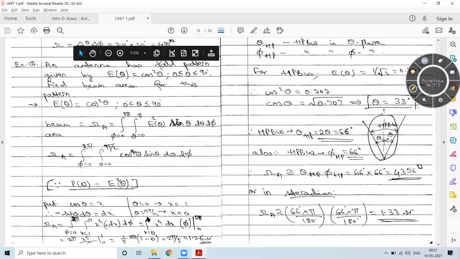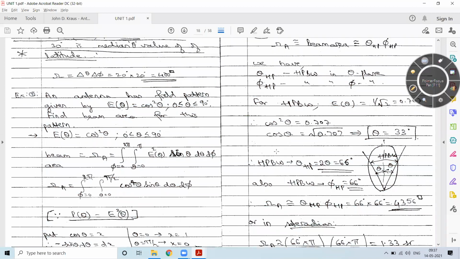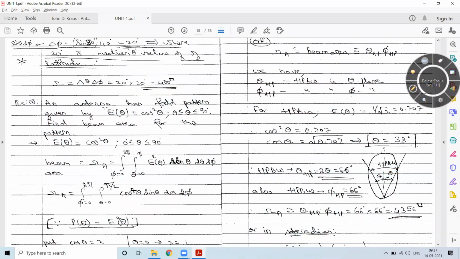Now, what about the approximate equation? Since we know the field pattern, in previous sessions we had identified the half power beam width for this cos square theta pattern. To identify that, we had equated E theta equal to 1 by square root of 2, for which we obtained theta equal to 33 degrees. The half power beam width was 2 times the theta value, which is 66 degrees.